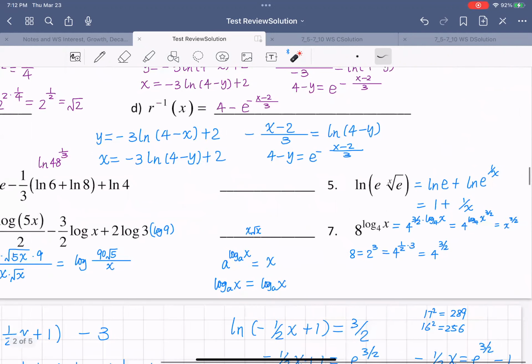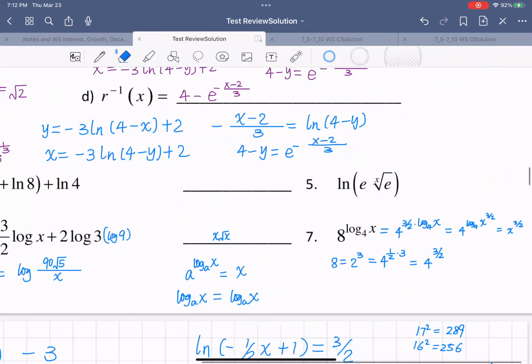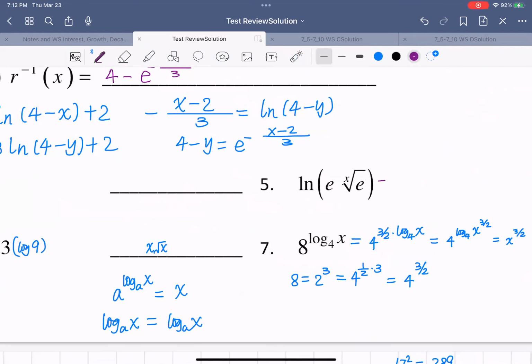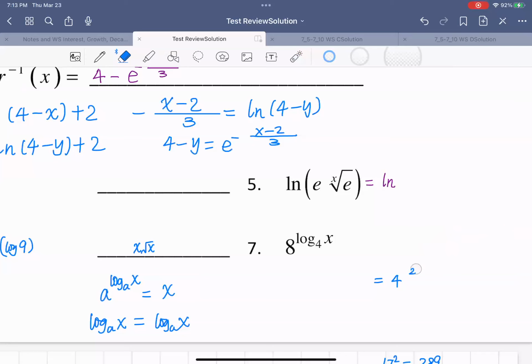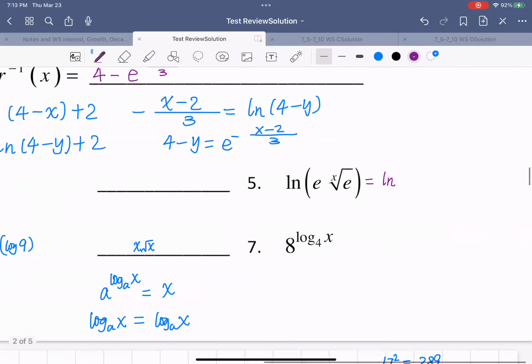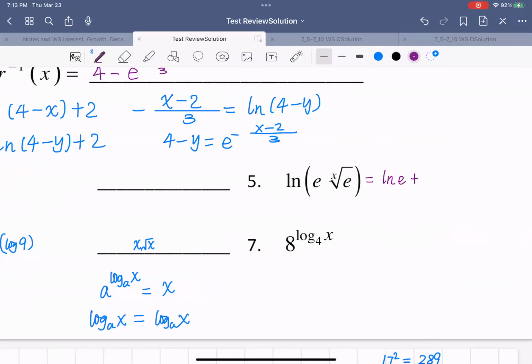Andrea. Let's do number 5. You have this multiplication. You will make these two plus together, equals ln of e plus ln of this, correct?